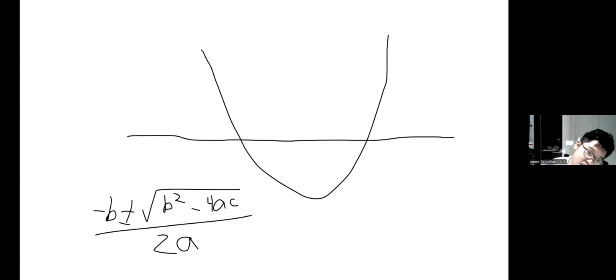Well, if this discriminant is greater than 0, then there are two solutions, two roots. Why two roots? Because it could be plus, it could be minus, right?